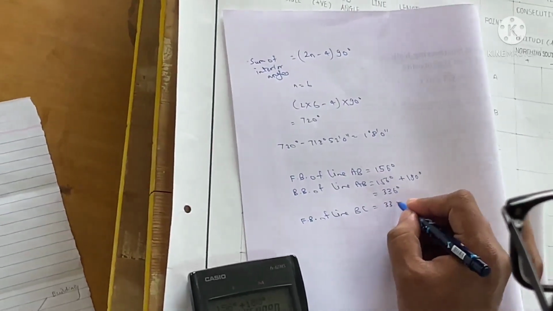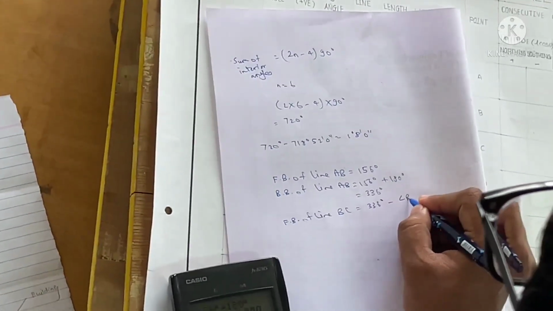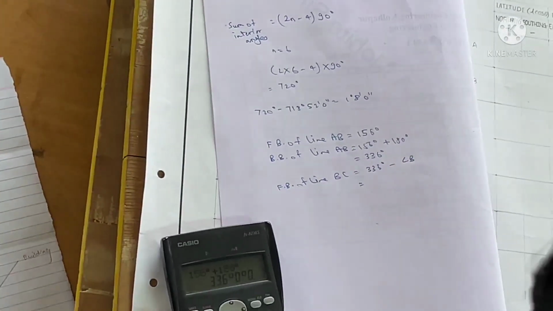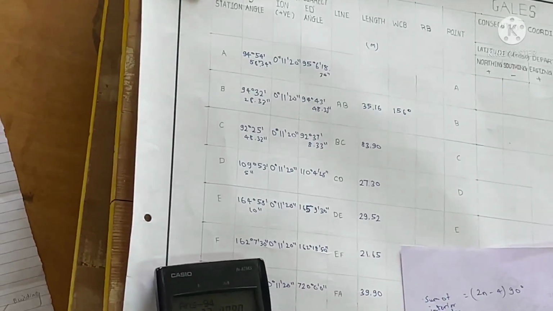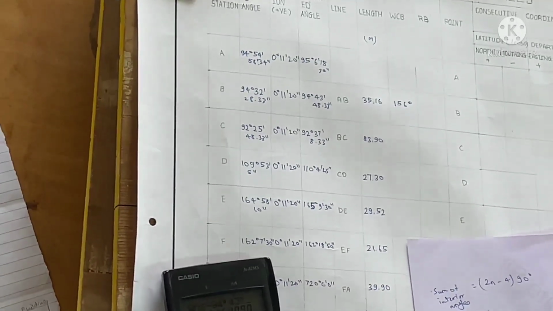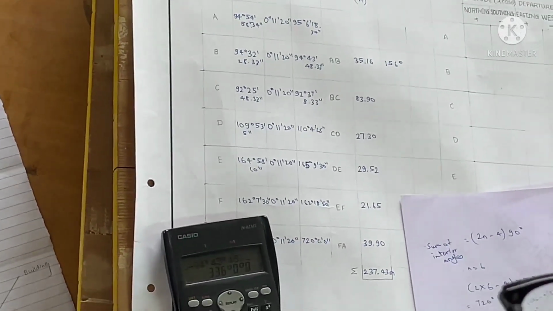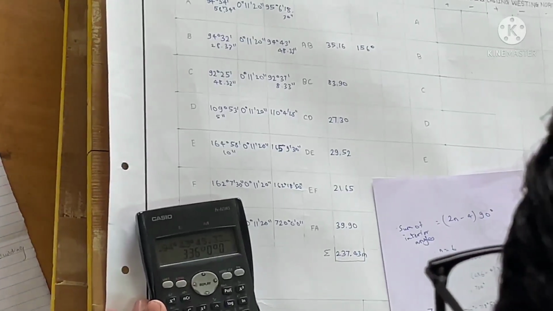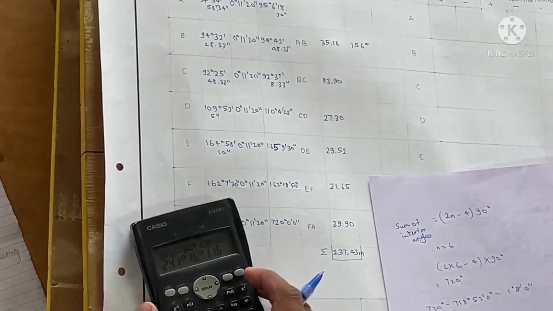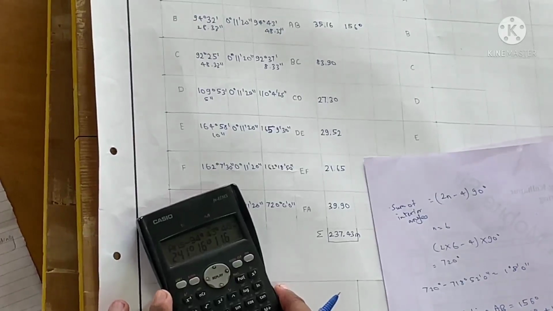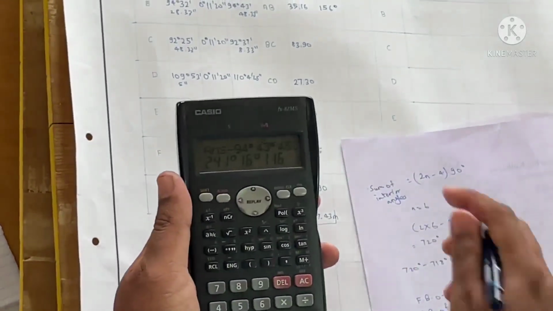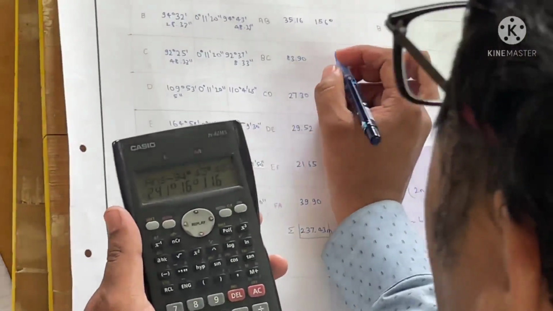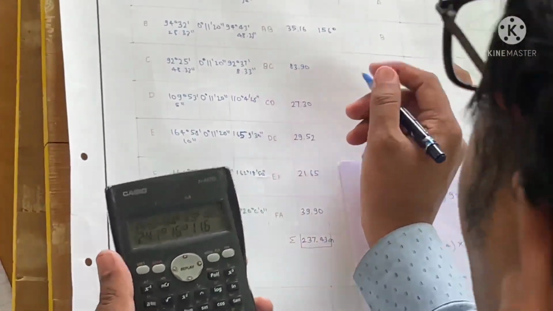That is 336 degree minus angle B, the observed angle here, 94 degree, 43 minutes, 48.33 seconds. That is nothing but 241 degree, 16 minutes, 11.6 seconds. That is the whole circle bearing of the line BC.